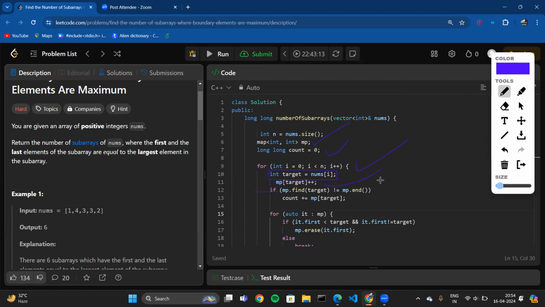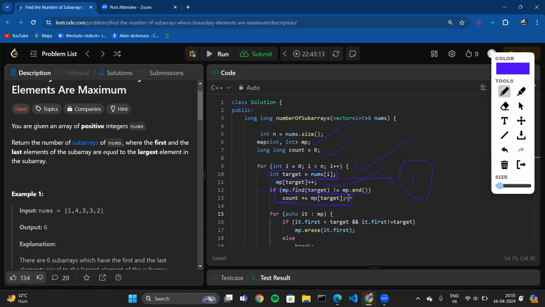Definitely it alone can. And its mapping will become 1 here. So 1 will definitely be added to the count because I'm doing mp of target plus plus.